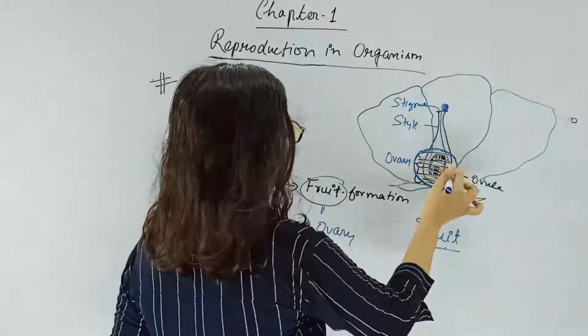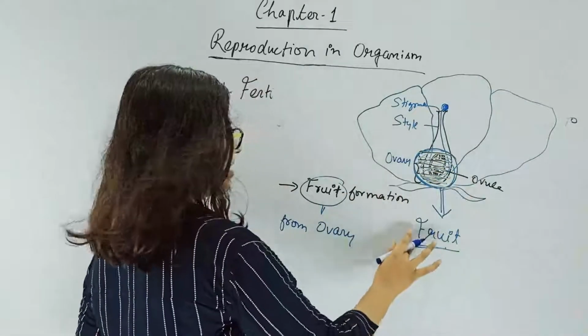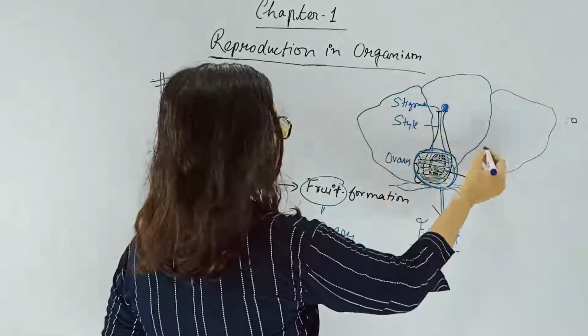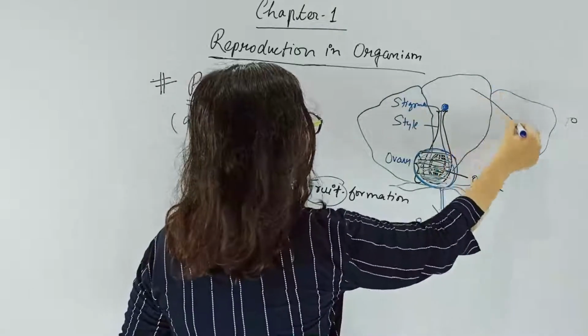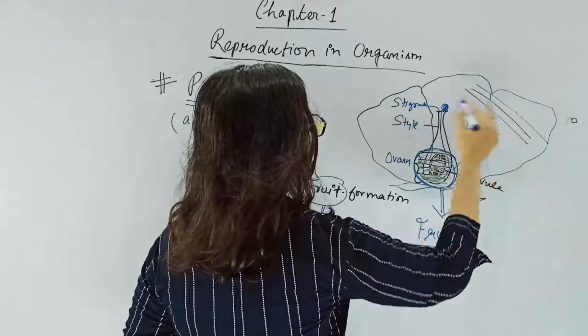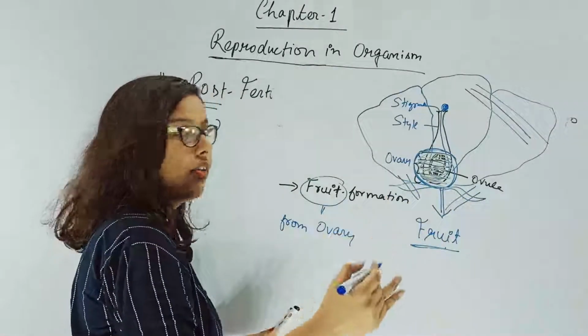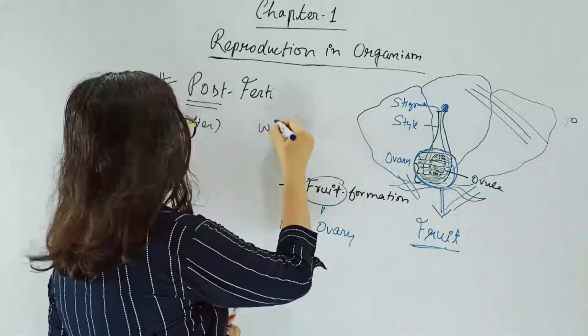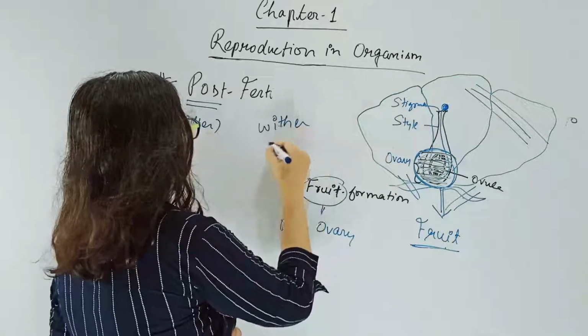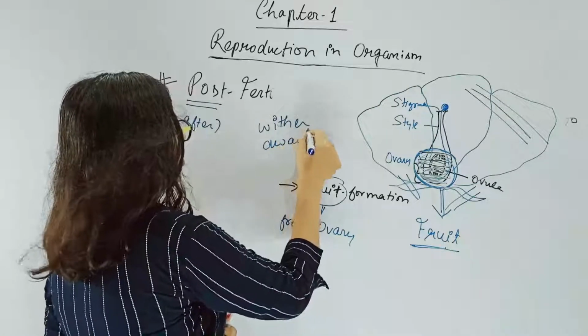So when this fruit formation has happened, the other parts such as the corolla as well as the calyx all wither away. Wither away means dry and fall off.